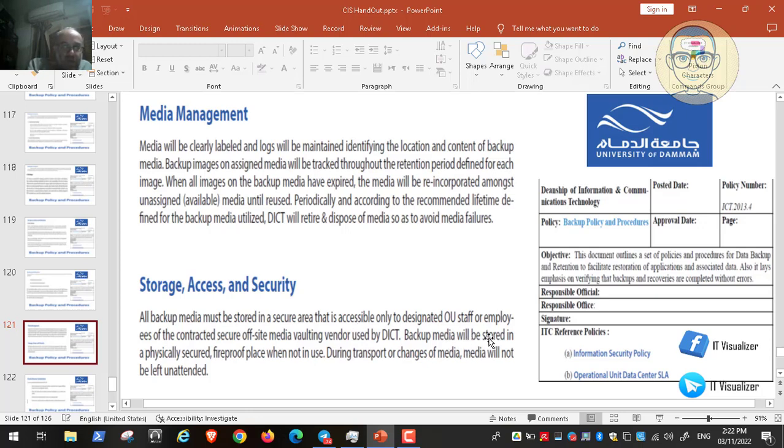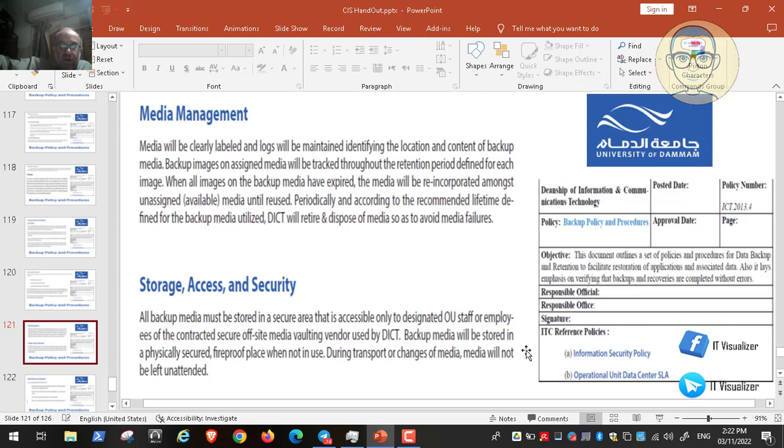Backup media will be stored in a physically secured fireproof place when it is not in use. This was stated before. During transport or changes, media will not be left unattended.